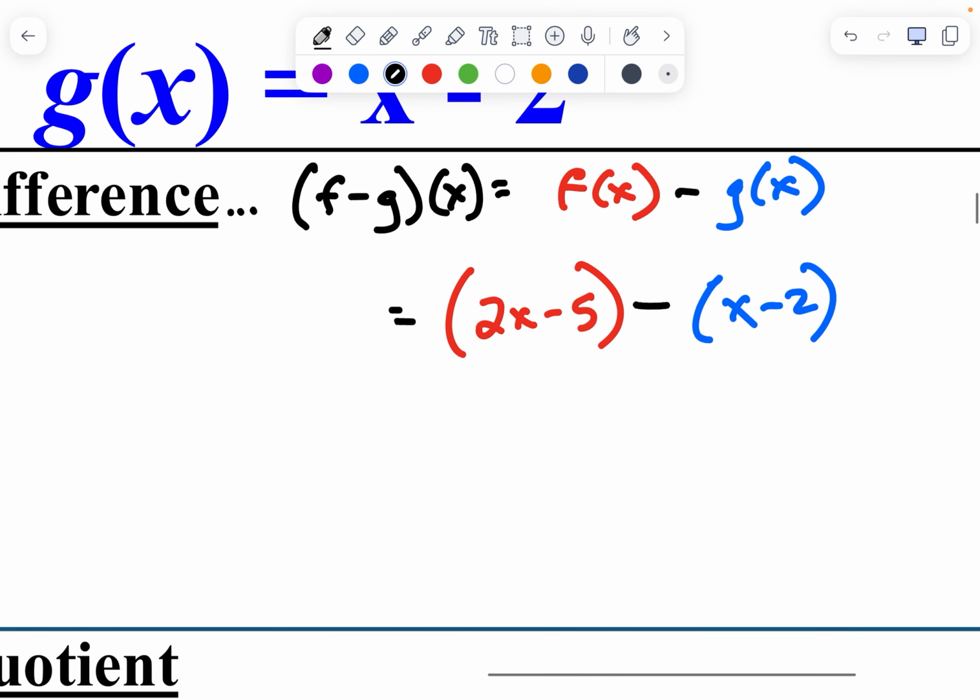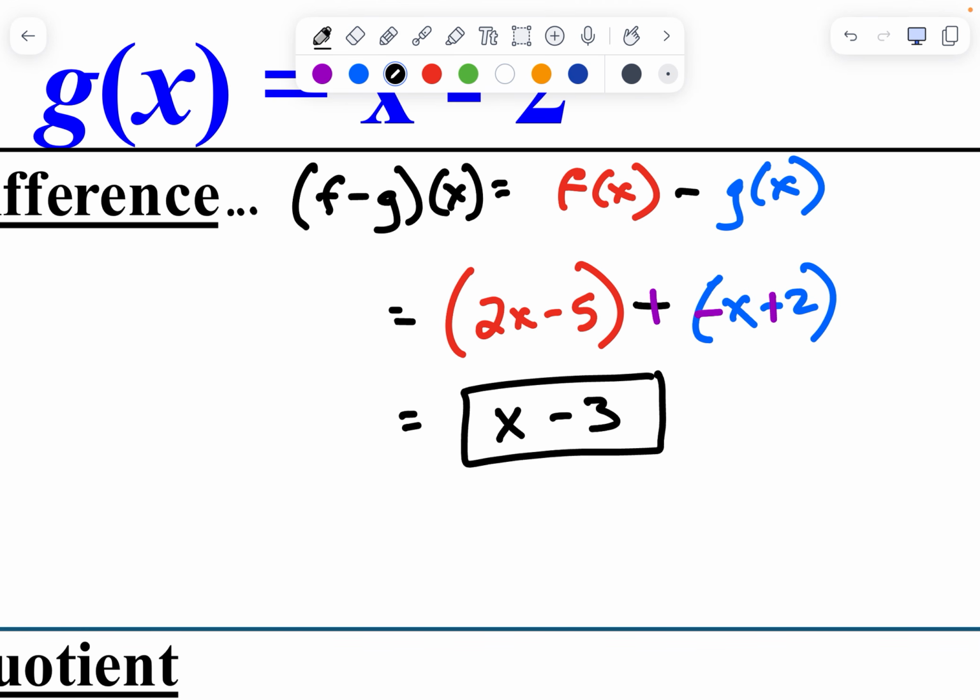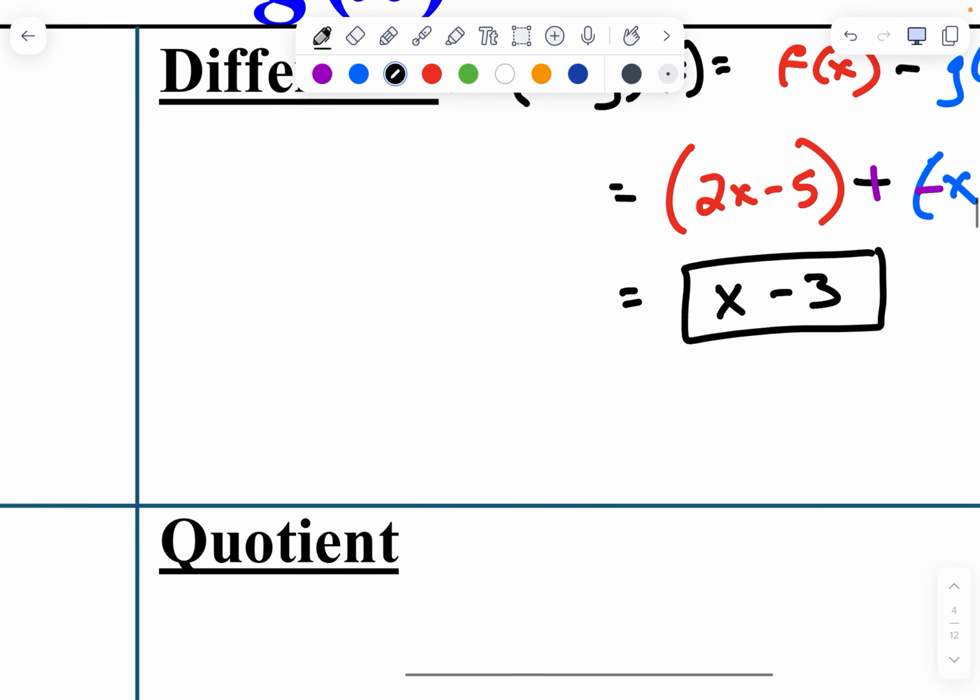Now, where it might also get a little weird, could we put a function into itself? Could we find f of f of 2? It's a bit abnormal, a bit strange, but you can do it. What this is really saying is we want to find f of 2, and then put that result into the original function f of x.